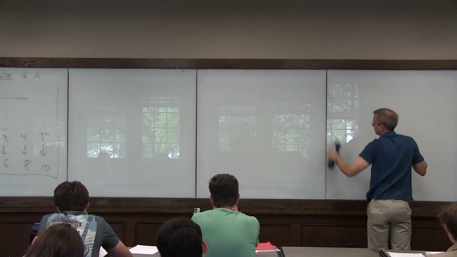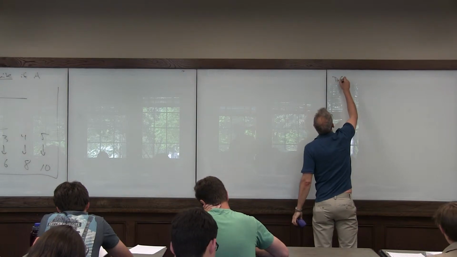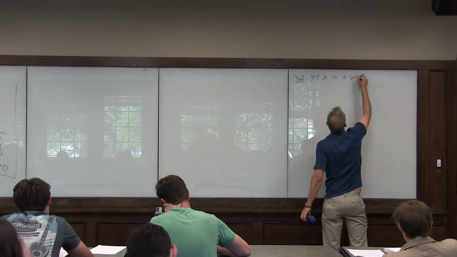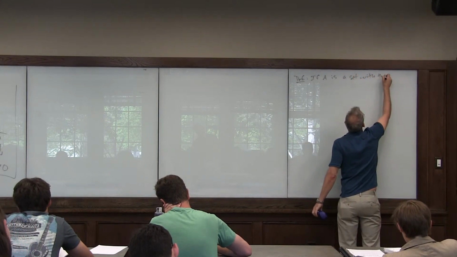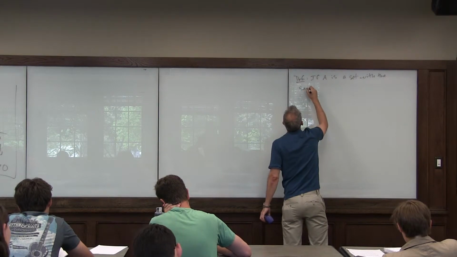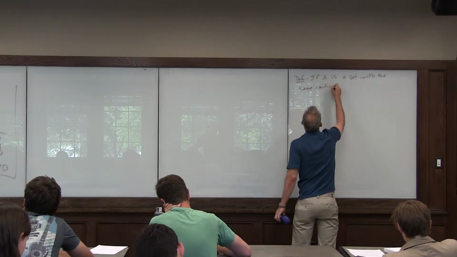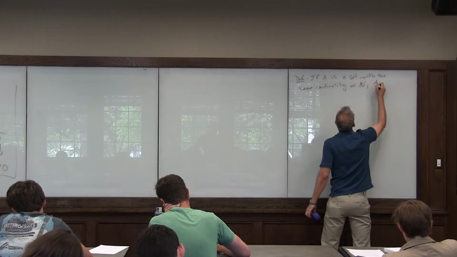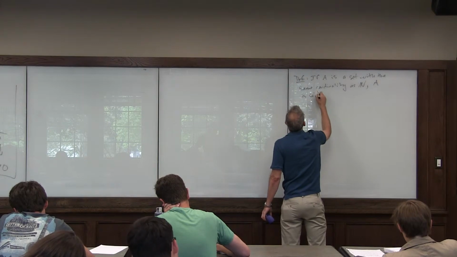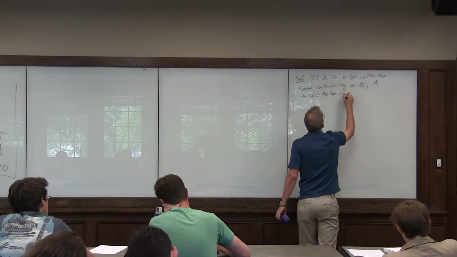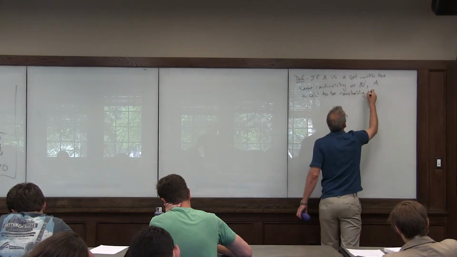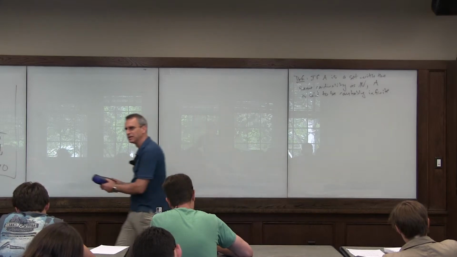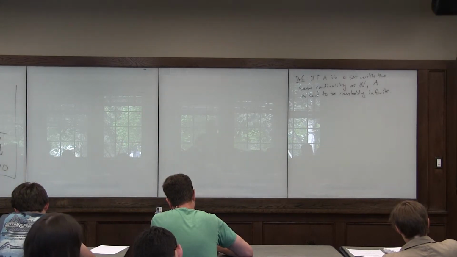Okay, so that gives us a new definition. If A is a set with the same cardinality as N, then A is said to be countably infinite. You see why that term is used, right?